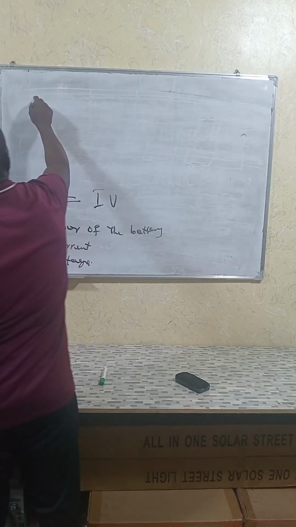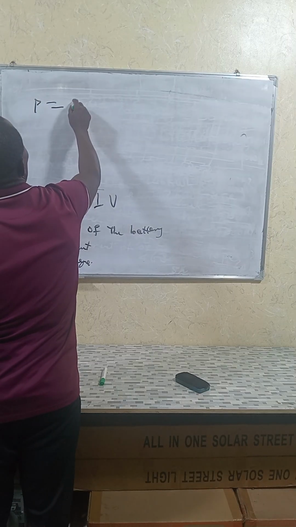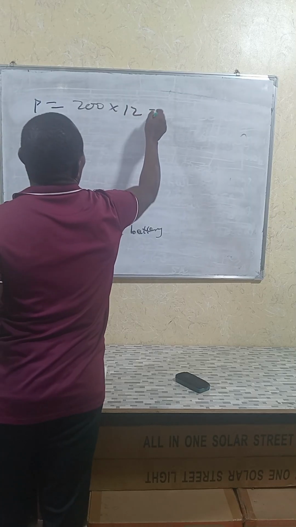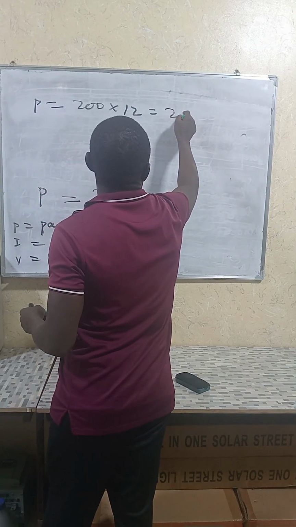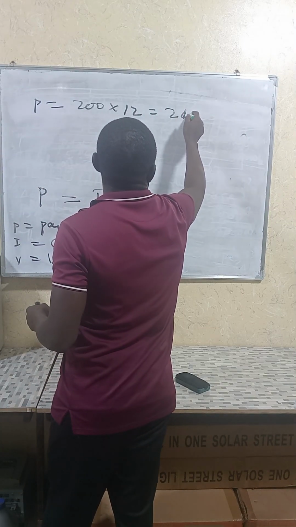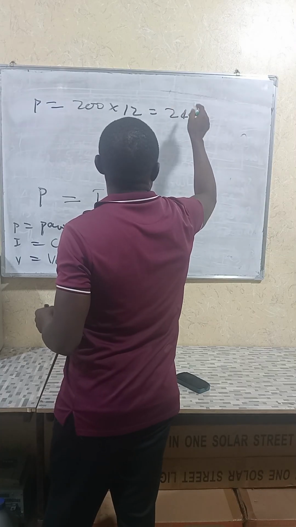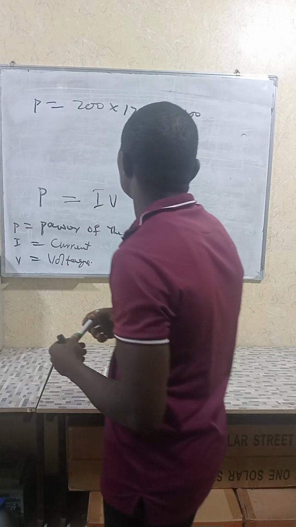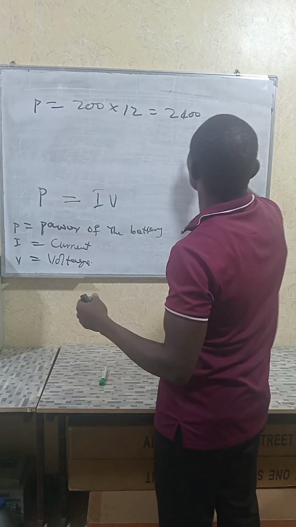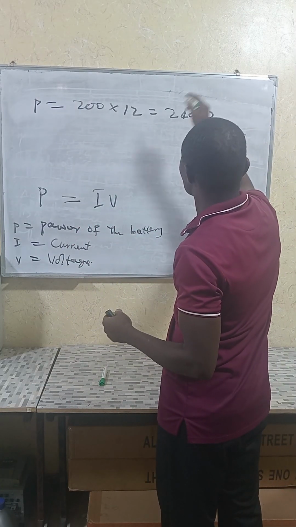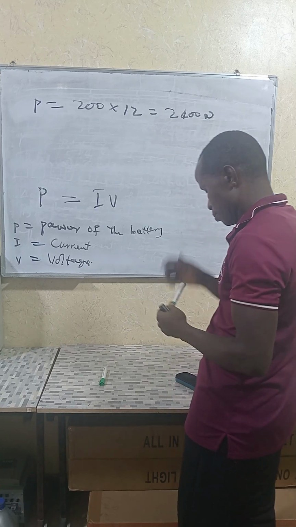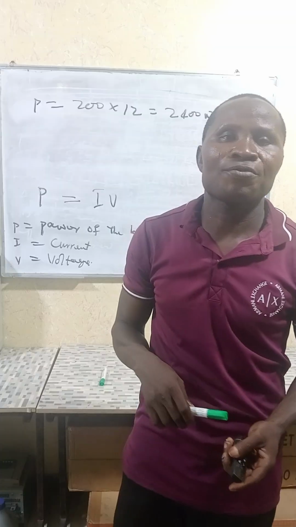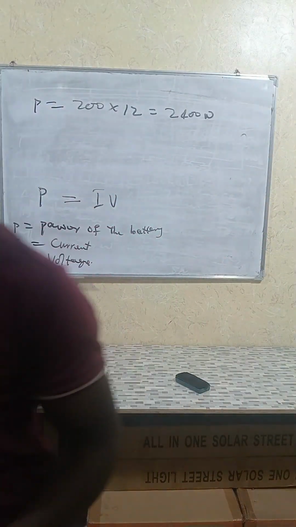Therefore, the power in the battery is equal to what? 200 times 12 is equal to what? 2,400 watts. So we have 2,400 watts.